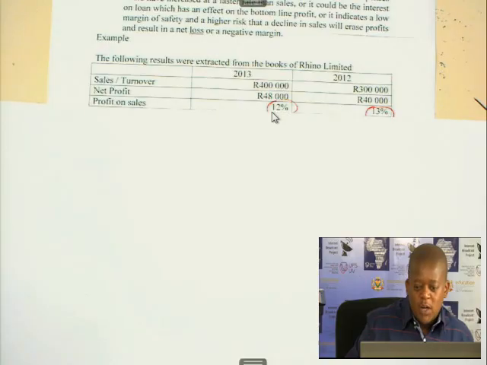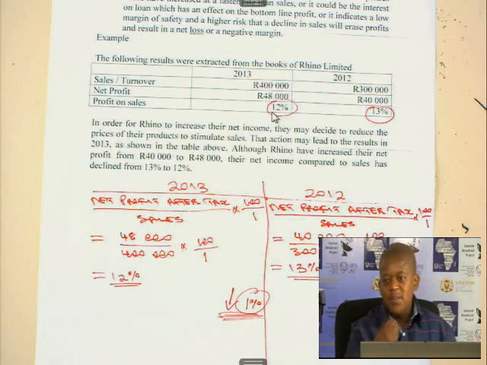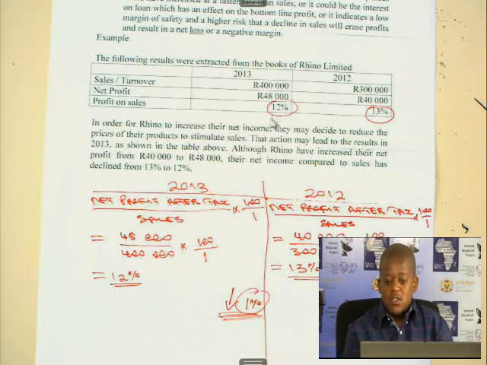But what we wanted to find out was the percentage profit on sales. How much are we earning back as the business per every rand of sale? And the calculation shows that we are now earning 12% as compared to the 13% we earned the previous year.